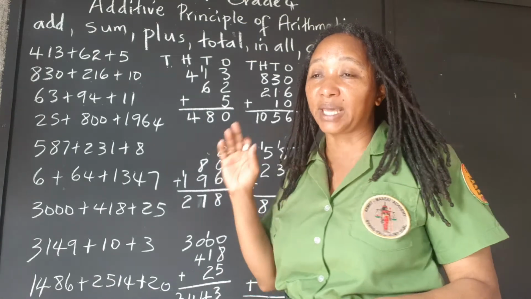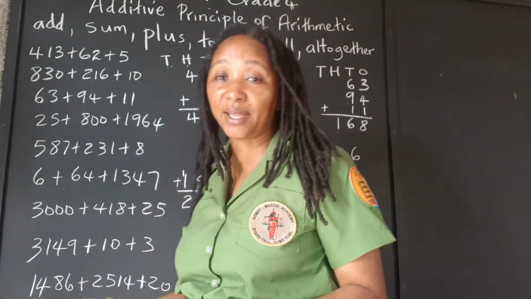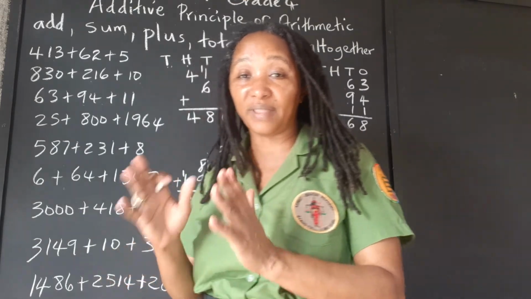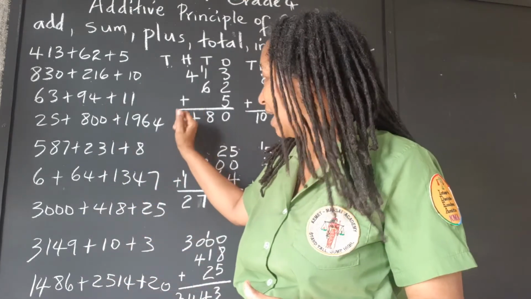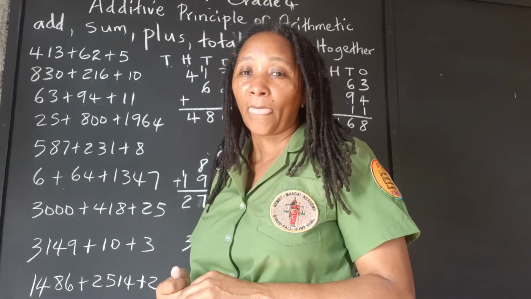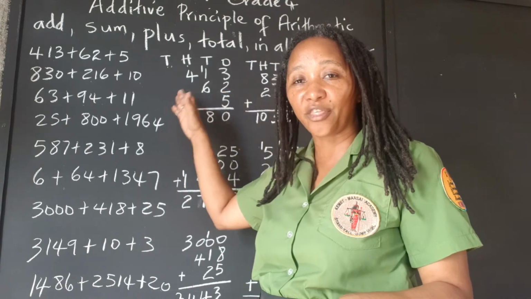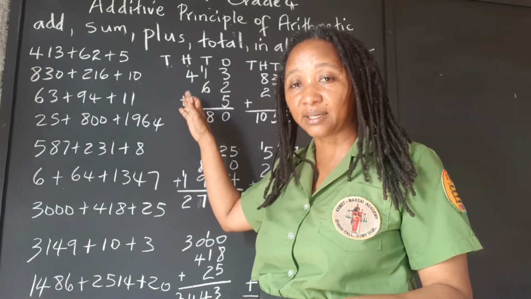Remember too, if you get a number that's bigger than 9, you cannot put down all of that number unless it's at the very end of your sum. You must see how many groups of the other place you can get.